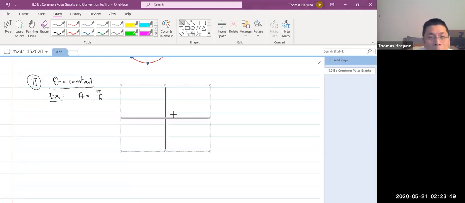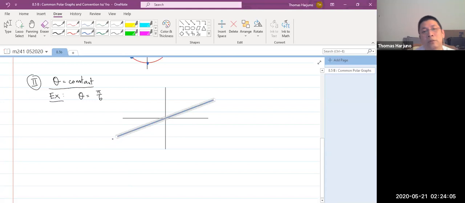The angle formed from the pole will be 30 degrees. In fact, I should extend this further here. The theta here is pi over 6 for every radius.